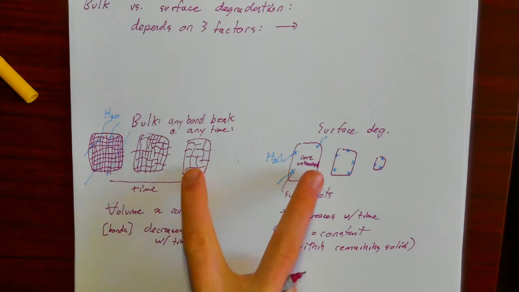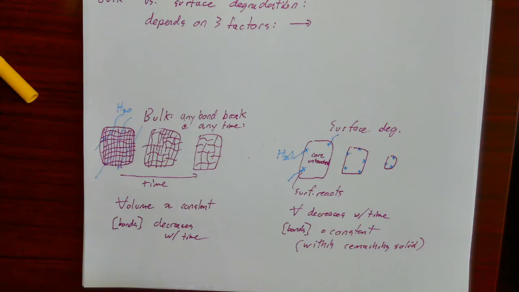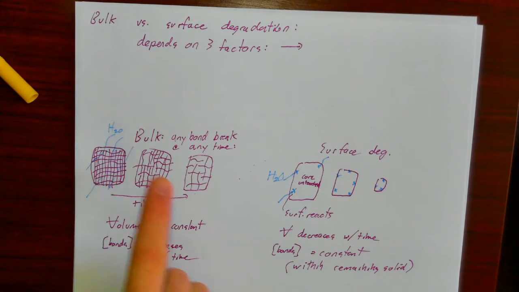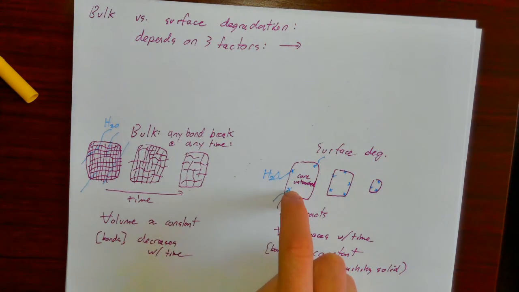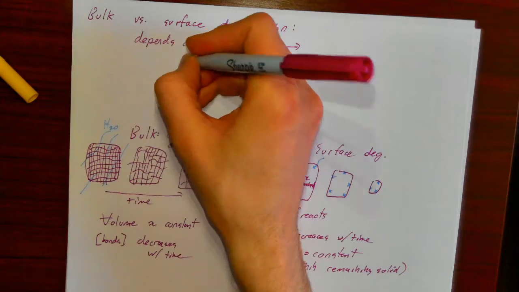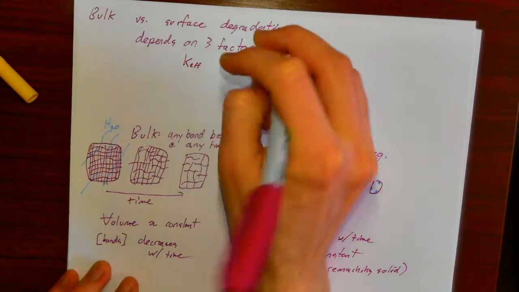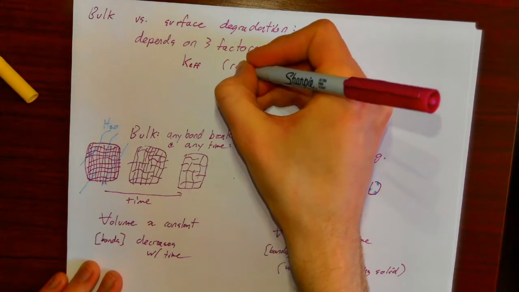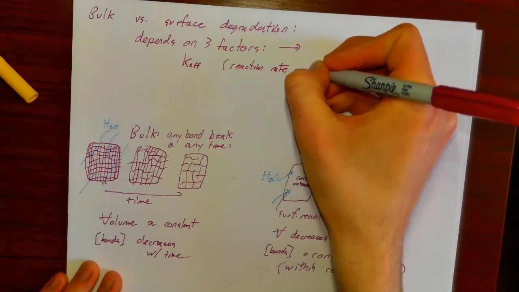So what factors affect whether something might be bulk versus surface degradation? Well, it's a kind of race between diffusion, size, and reaction rates. It depends on these three factors. First, this K effective that I talked about, which is the reaction rate constant.